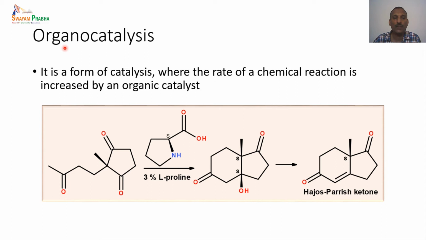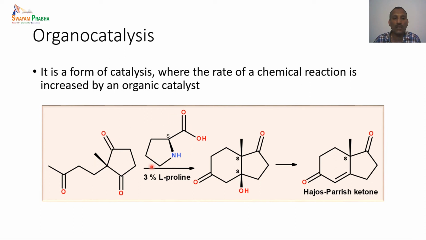Rather than metals, the next one is where the organic compound itself is used as a catalyst. Organocatalysis is a form of catalysis in which the rate of a chemical reaction is increased by an organic catalyst, and in most cases proline is the catalyst used in many reactions.